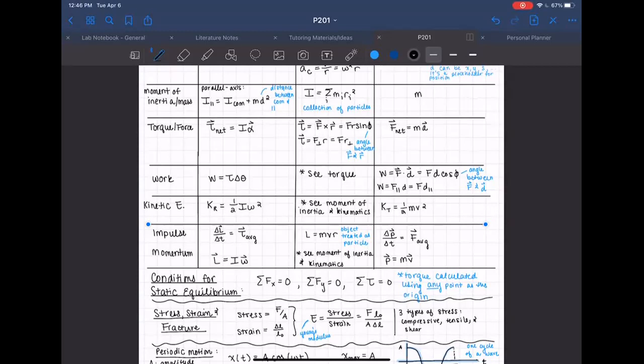And then we can also write angular momentum as moment of inertia times angular velocity. We have all those same linear quantities. So the change in momentum over time is equal to our average force that's being exerted over that time period. And then linear momentum is just mass times V.